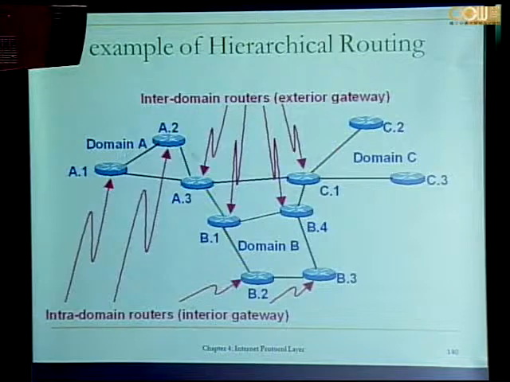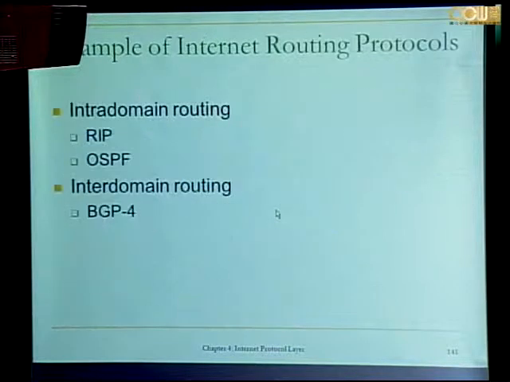So you run intra-domain routing here, here, and here, but inter-domain routing here. For intra-domain routing, you could pick RIP or OSPF. For inter-domain routing, you pick BGP.